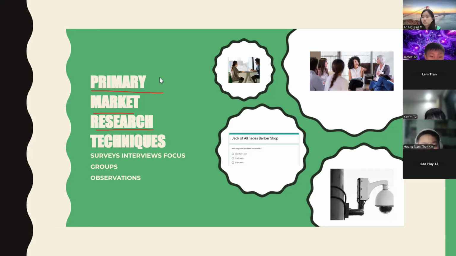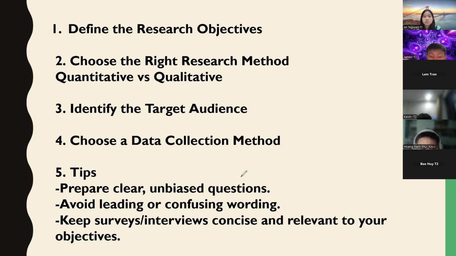Now, what do we need to pay attention to when we do primary market research? Let's say you need to pay attention to 5 things. First, you need to know who and what. It means who you are going to interview and what you are going to interview about.